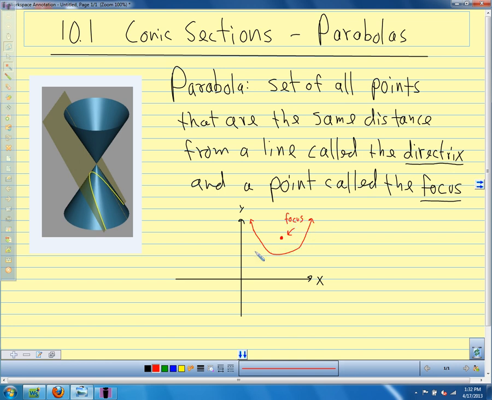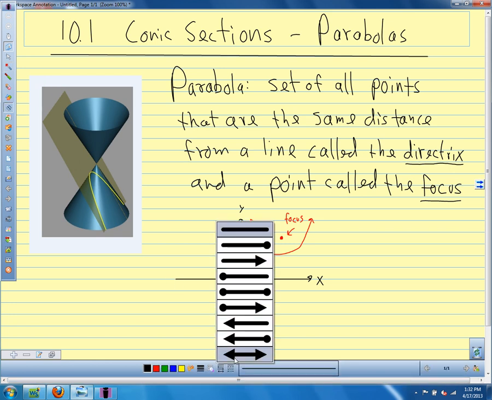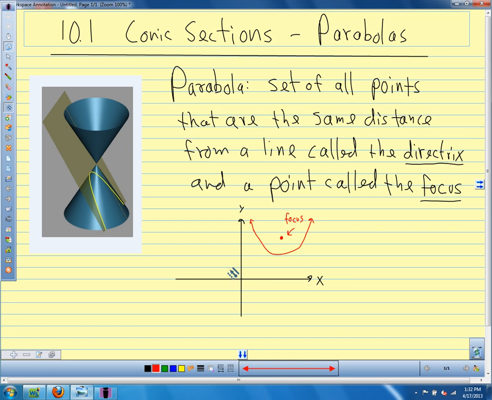And we'll talk a little later about why we call it the focus. And we have this line down below here, like so. We have this line underneath the parabola. This is our directrix. And our vertex is right here.